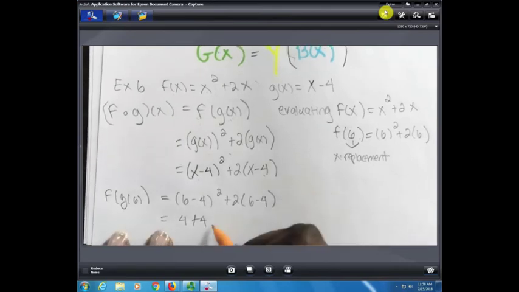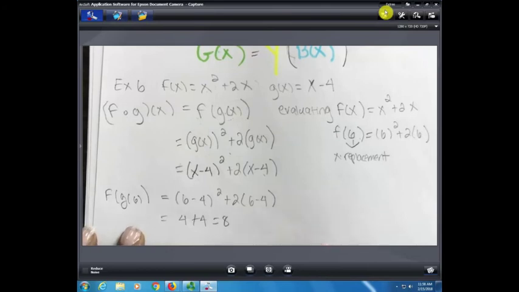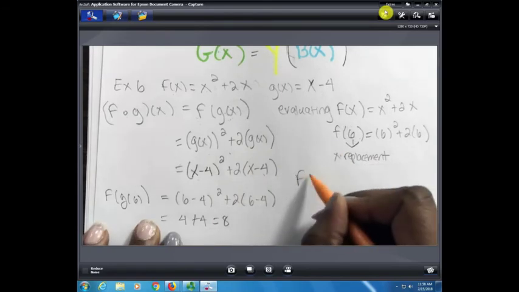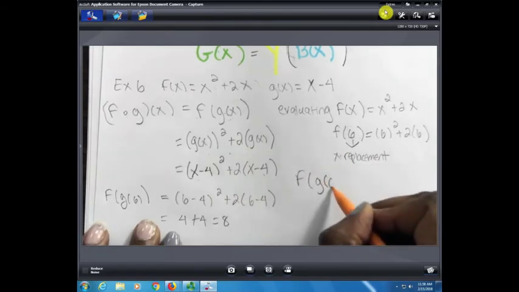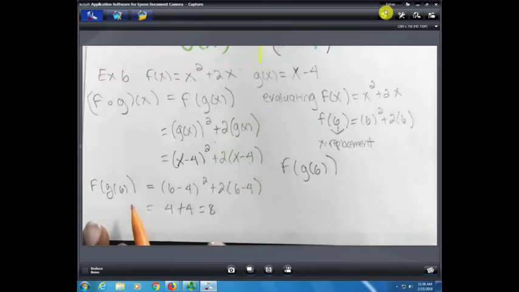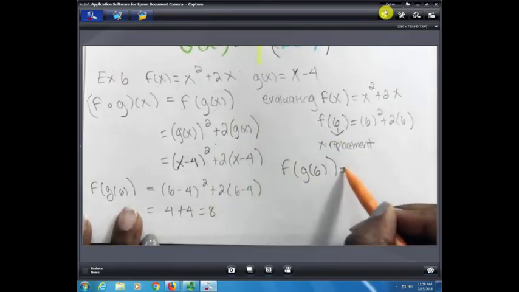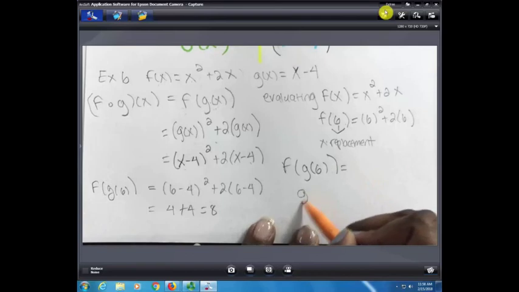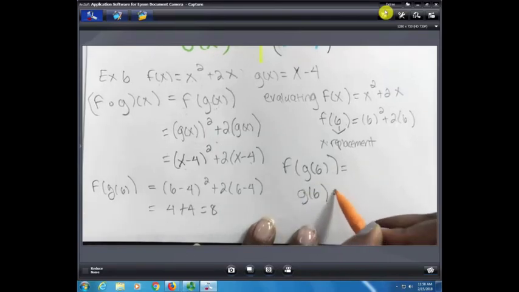So that's 4 plus 4, which is equal to 8. Now one thing you could have done is find g of 6 first.